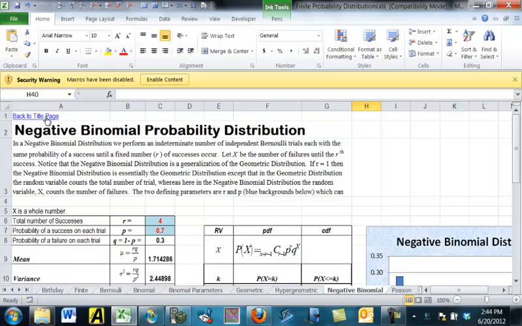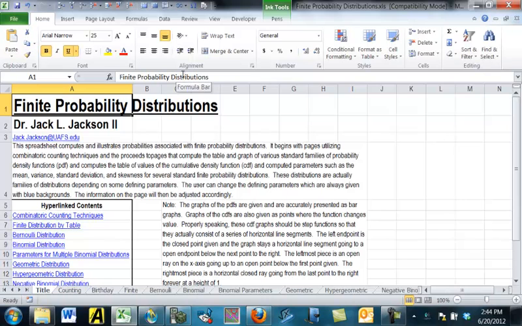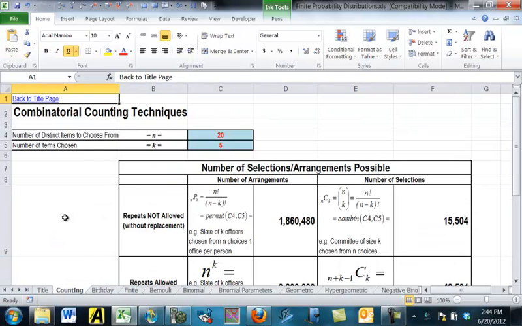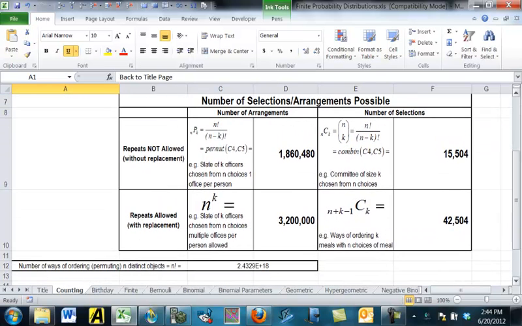By the way, this particular spreadsheet goes over several different things in discrete distributions. This goes over some basic counting techniques that we covered in an earlier section, starting down here with the number of ways of ordering or permuting indistinct objects, which would be n factorial.